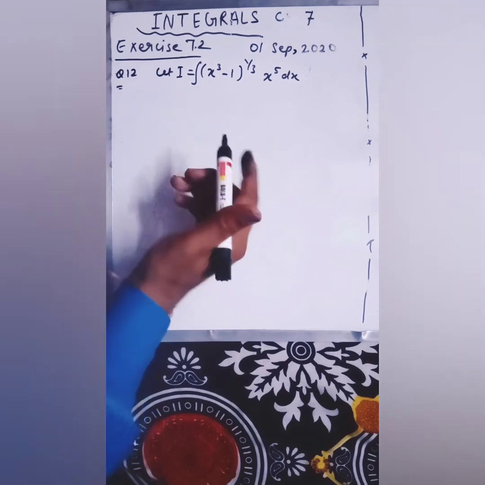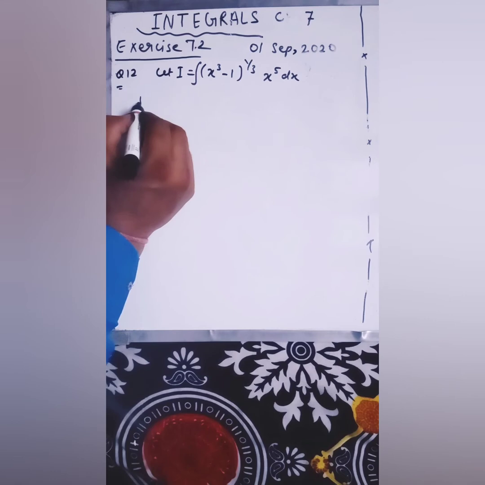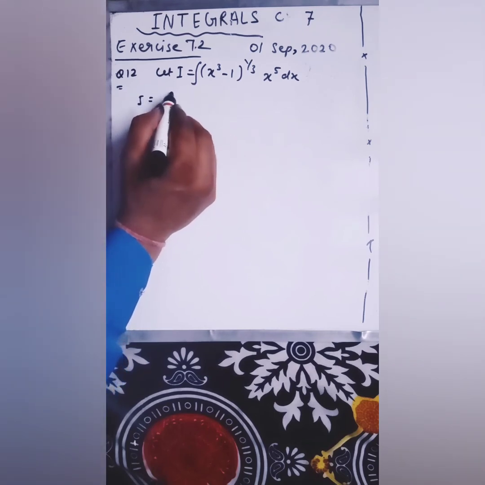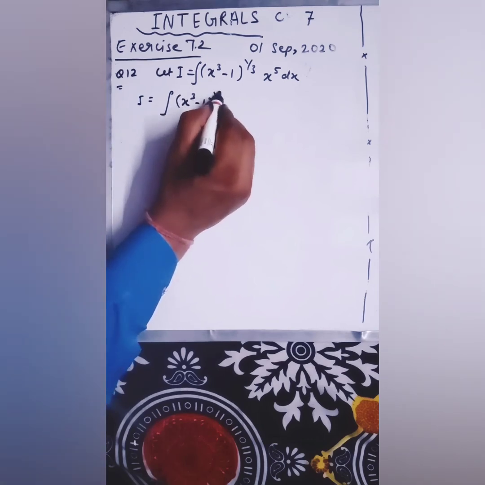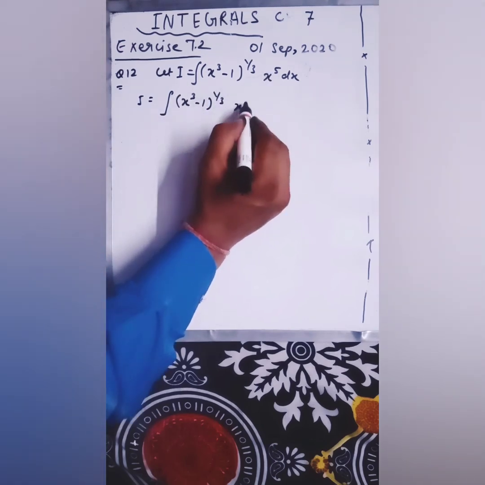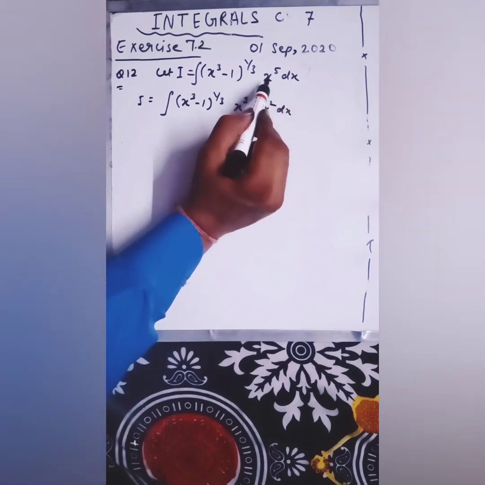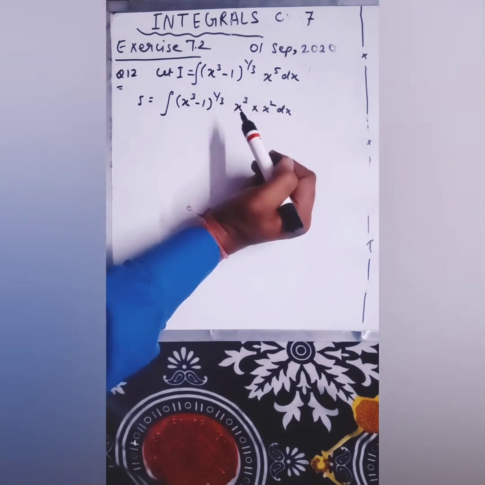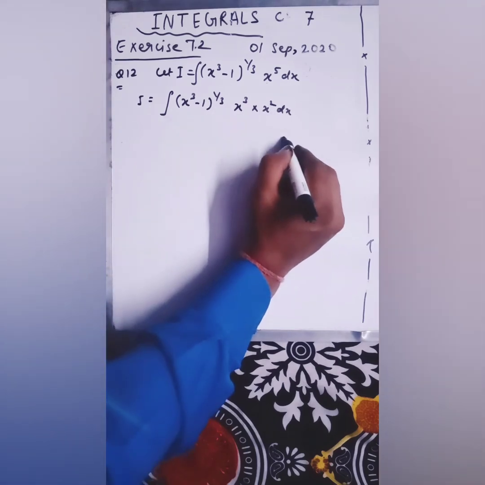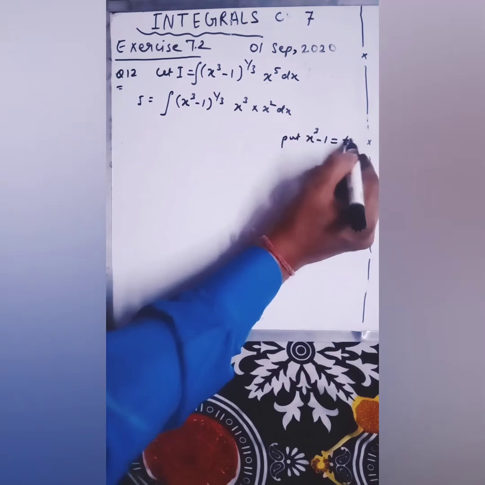See, this is given to us. So I'm writing I is equal to the integration of x cube minus 1, this whole raised to power 1 by 3. I'm breaking this as x cube into x square into dx. What I'm doing is breaking x raised to power 5 into x cube and x square. Now put x cube minus 1 equal to t.